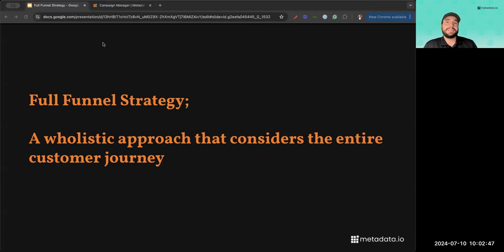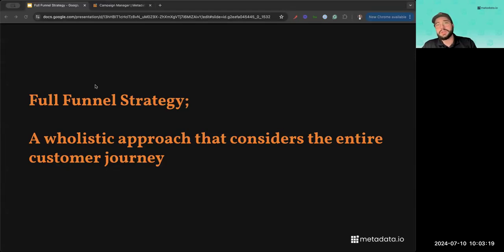We can take that same essence of being unaware of what that shift is and why the market needs your solution to becoming champions and advocates and going through and being the best customers that you could ever imagine. So within that, we'll be focusing on what we'll be determining as point A and point B. Point A will be someone is completely unaware of your brand, and point B is going to cover the renewal cycle.